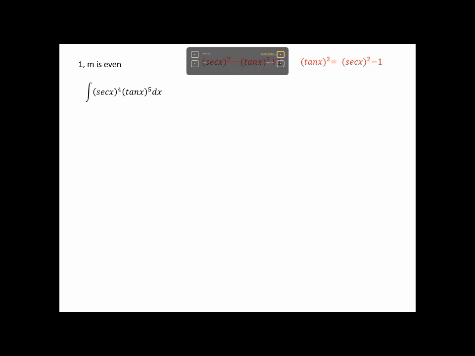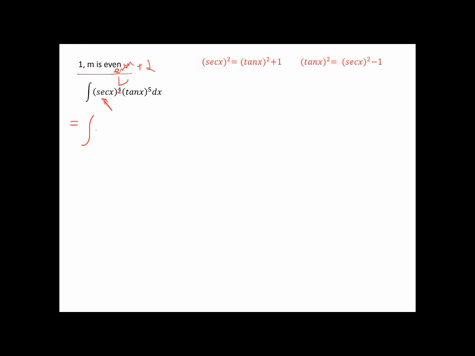I already put the key formula here, and we're going to use it. The first case is when m is even. When secant and tangent come together, secant is always our priority. We want to see what secant carries. When you find it is an even power, you separate it into an even number plus 2.